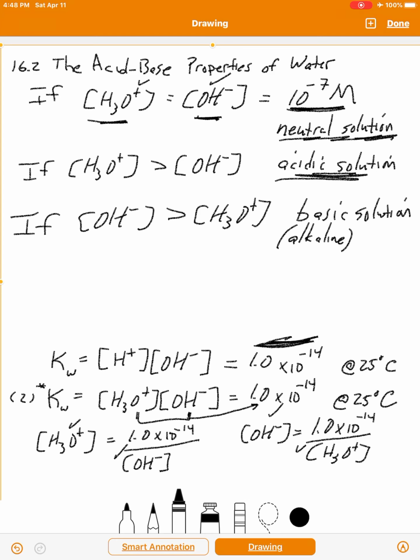That's another term that's used, an alkaline solution. Okay? So if they're equal concentrations, that's neutral. If the hydronium is greater than the hydroxide, practice saying those words to yourself. Hydronium, H3O+, hydroxide, OH-. If hydronium is greater than hydroxide, it's acidic. If hydroxide is greater than hydronium, it is basic.